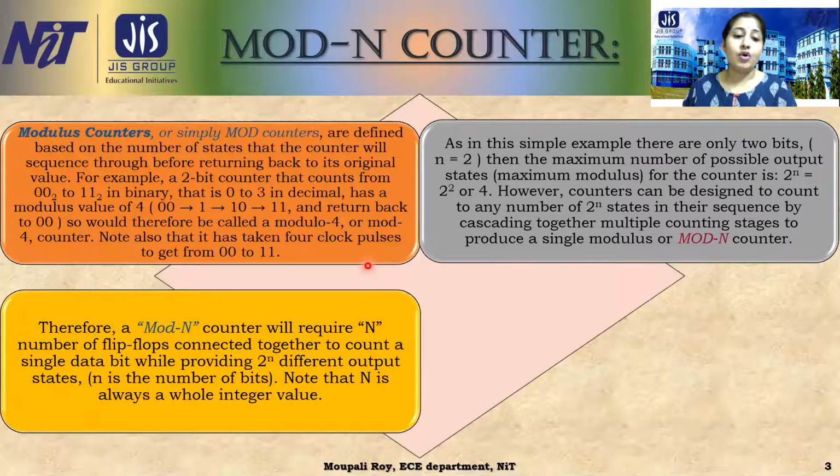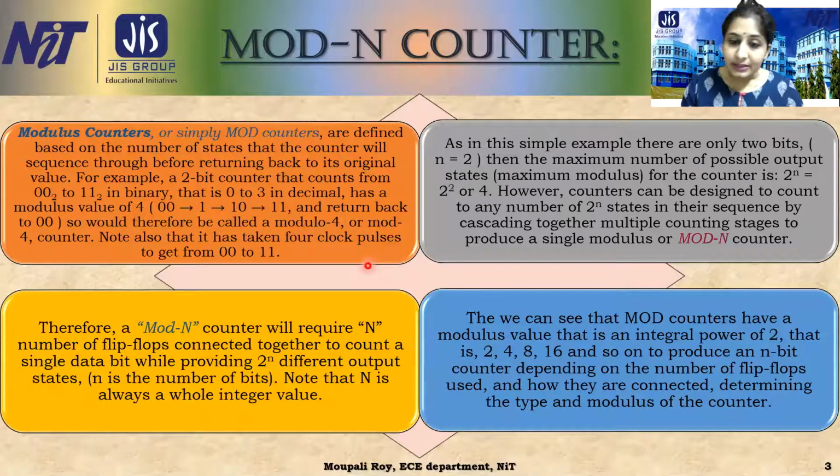Therefore a mod n counter will require n number of flip-flops connected together to count a single data input, providing 2 to the power n different output states. So n number of bits are there. Note that n is always an integer value.